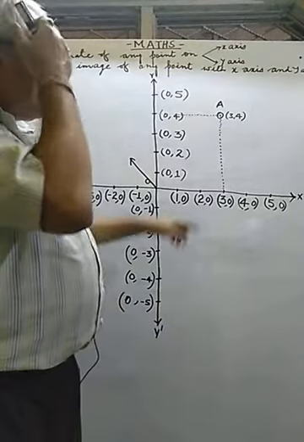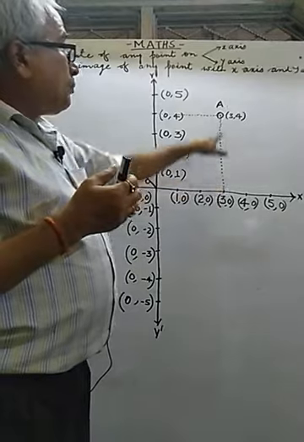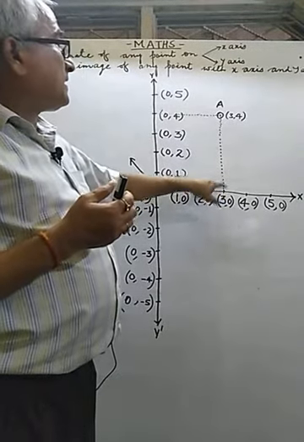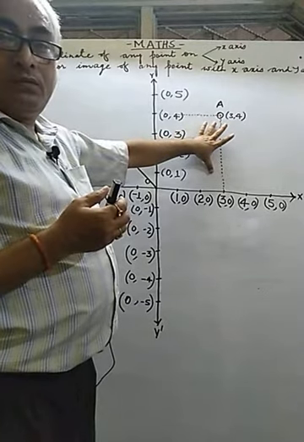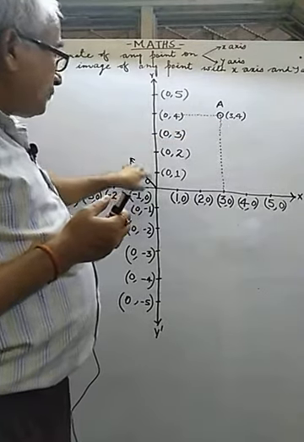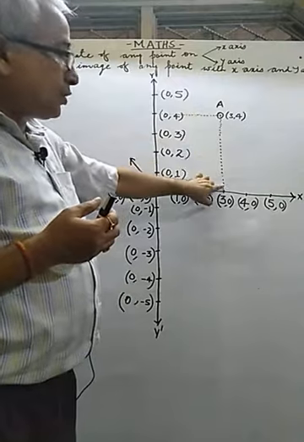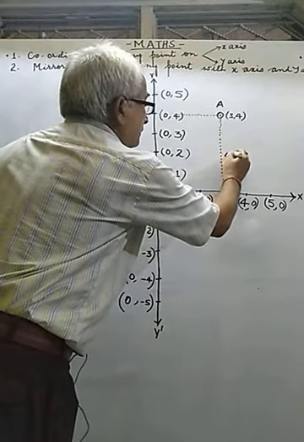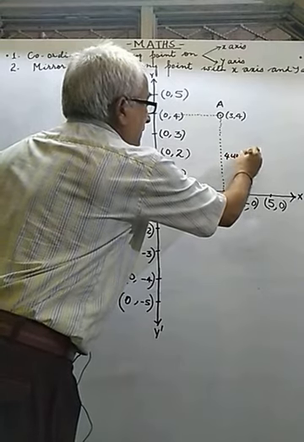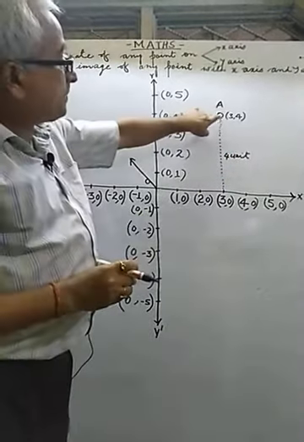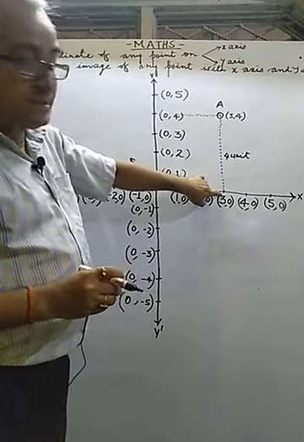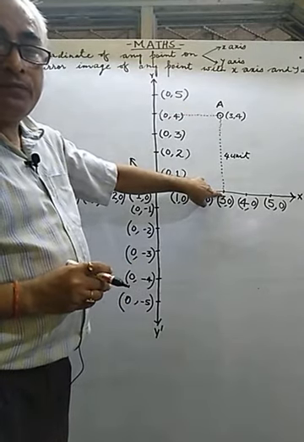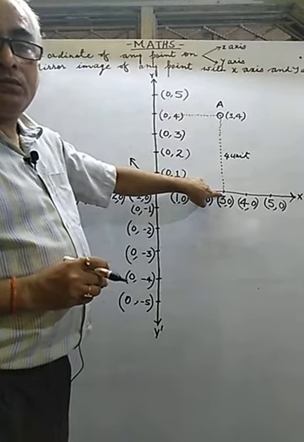See, the distance of this point from the x-axis is how many units? You may observe this one is 4 units, so this will also be 4 units. Very clearly you may observe the distance from this point to the x-axis is 4. So what will be the condition of its image?